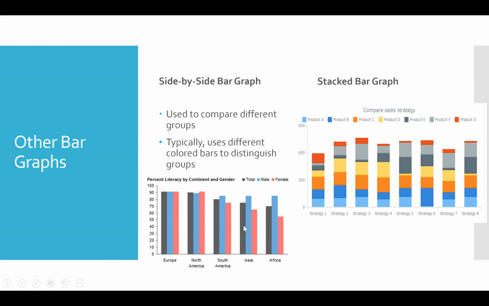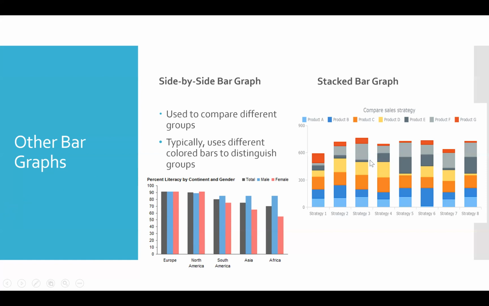Okay, so it allows us to make comparisons between groups. It's just called a side by side. For Europe, notice there aren't any gaps between those bars, but then there is a gap when you go to the next group, which is North America, and so forth.